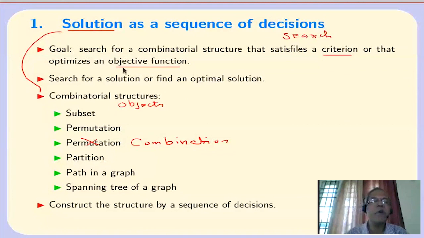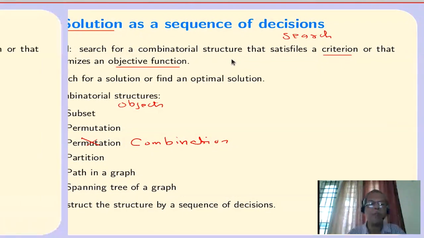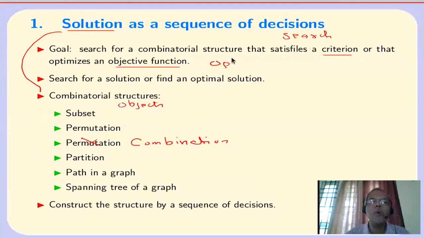If we are searching for an object that optimizes an objective function, that minimizes a certain value or maximizes a certain value, that is an optimization problem. So in the search problem or in the optimization problem, the solution is a combinatorial structure.